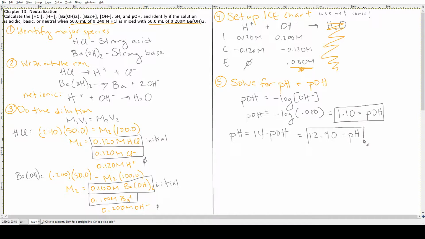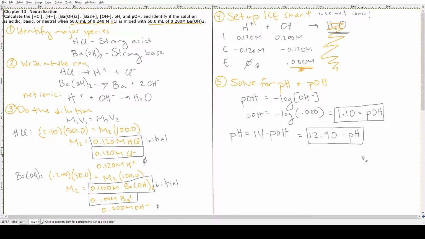Before I go on, I want to discuss why all those hydrogens went away. Where did these hydrogens from the hydrochloric acid go? What did they get used for? They got used to create water. So those hydrogen ions from the hydrochloric acid got used up with hydroxides from the barium hydroxide. They created water, but then that water in turn released hydrogen ions and hydroxide ions.